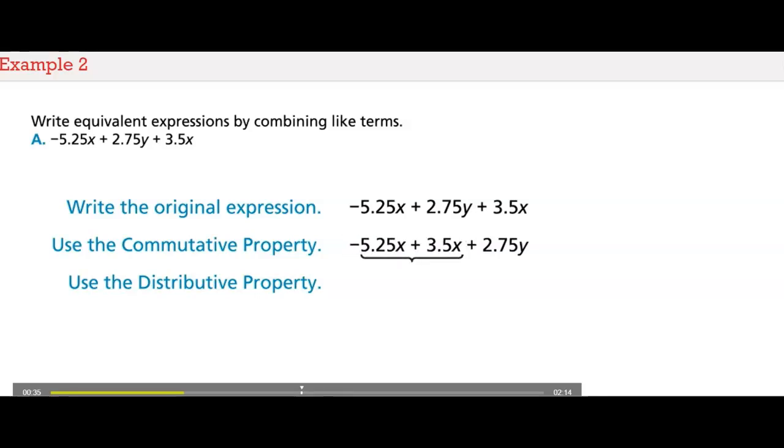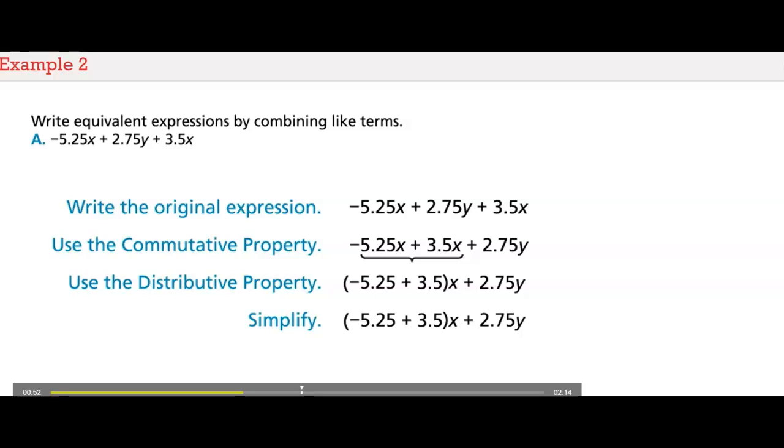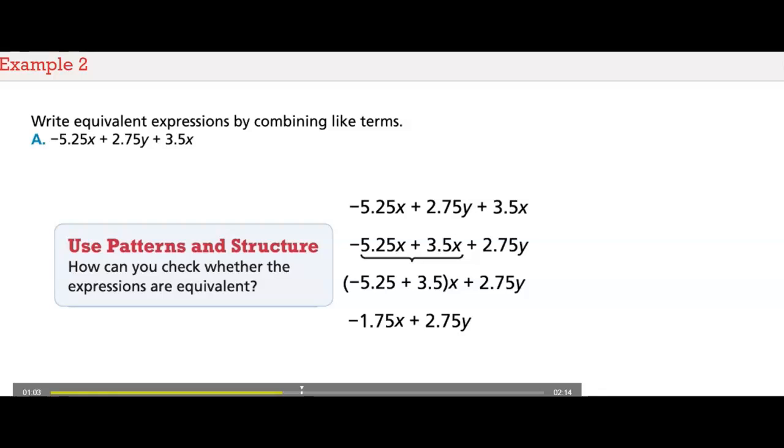-5 and 25/100ths times x plus 3 and 5/10ths times x is equal to the quantity -5 and 25/100ths plus 3 and 5/10ths times x. The last step is to simplify -5 and 25/100ths plus 3 and 5/10ths, which is equal to -1 and 75/100ths. Use patterns and structure.